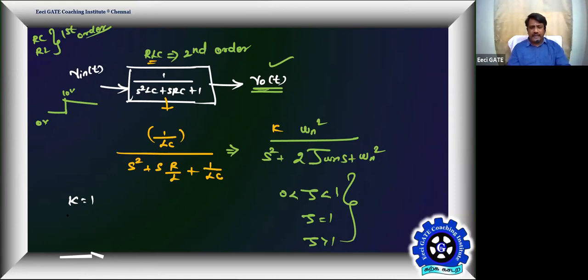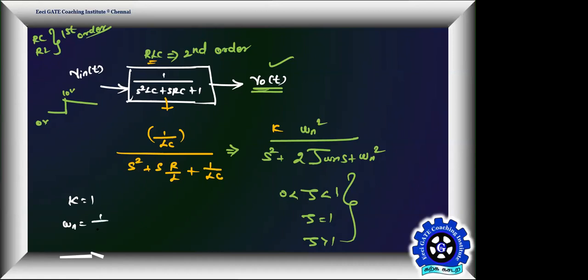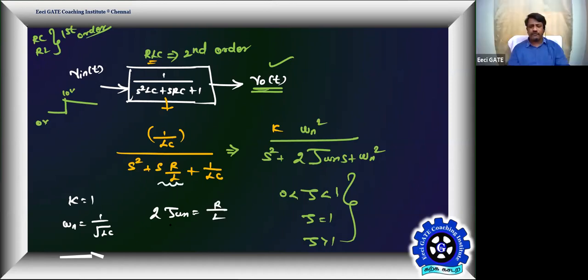K is equal to 1 and omega n square is 1 by LC, omega n equal to 1 by root LC. And then 2 zeta omega n is equal to the coefficient of s, that is R by L. So from this, damping is equal to R by 2 omega n into L. Substituting omega n as 1 by root LC, you will get R by 2 into root of 1 by LC, and take your L also.